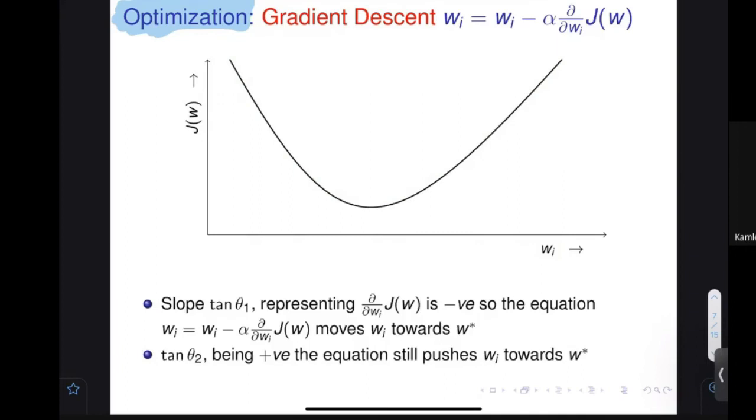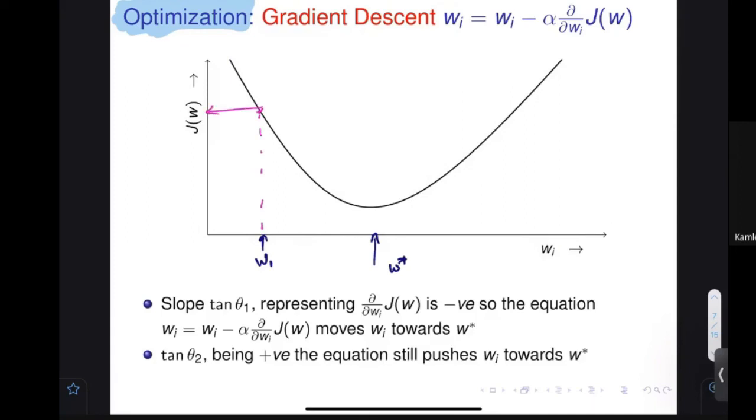So which is the point where there is a minimum error? This is the point where there is a minimum error. Let me call it w asterisk. But do you know the value of w asterisk? You don't know. So you start randomly somewhere. Let's assume I start here and call this value w1. How much error do I have? I can go up and see that at this particular point, this much error I have.